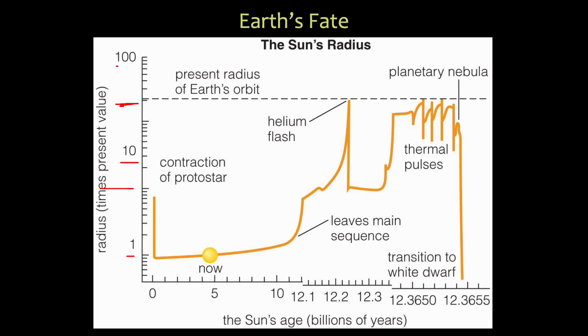The present radius of Earth's orbit is about 215, so this number right here is about 215. That's why this 100 label is wrong. And so the change in the solar radius corresponds very well to what we have just discussed for the solar luminosity. Note that at the helium flash, the sun swells up to reach just the Earth right here, okay?